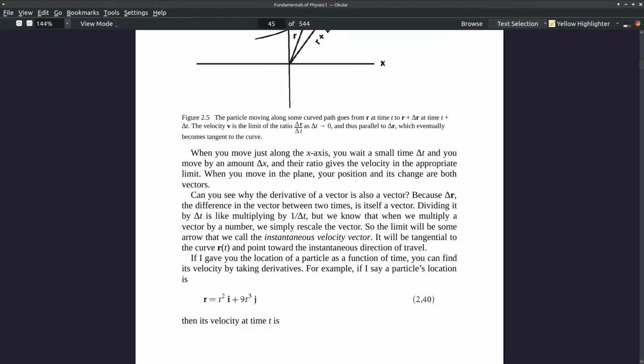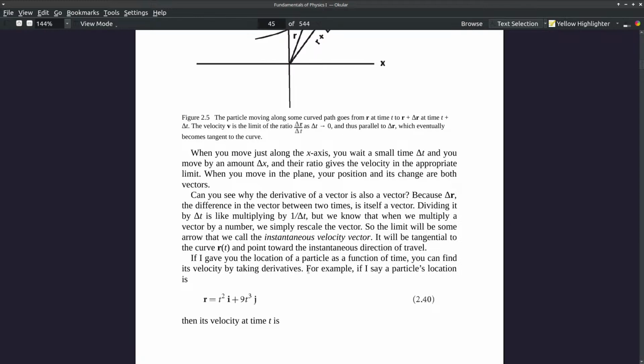Dividing it by delta t is like multiplying by 1 divided by delta t. But we know that when we multiply a vector by a number, we simply rescale the vector. So the limit will be some arrow that we will call the instantaneous velocity vector. It will be tangential to the curve r(t) and point toward the instantaneous direction of travel.